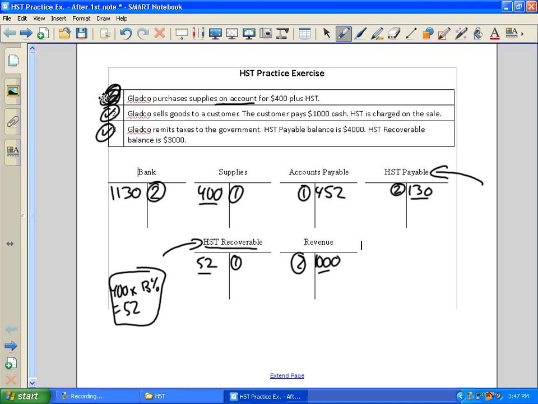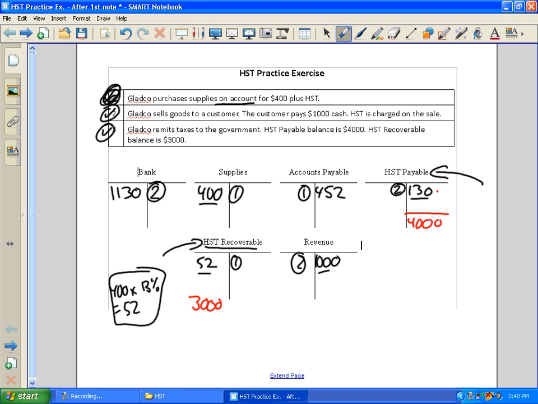Here's the one that gets a little confusing for people, which is the third one, when we remit, because of the way that the question is worded. Here's what's happened. HST payable has a balance of $4,000 in it, and HST recoverable has a balance of $3,000 in it. This balance is not some kind of strange number that comes out of the 130.